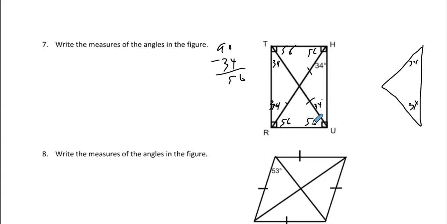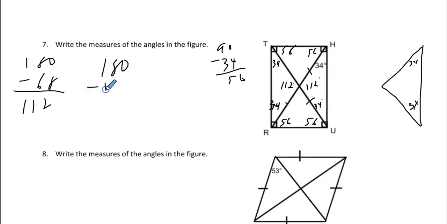Now, there's a few different ways to find the ones in the middle. Every triangle adds up to 180. So if I take 34 doubled, that's 68. And if I do 180 minus 68, I get 112. So that means this right here is 112. And so is this. Now I have two options. To find the last missing angle in the middle, I could do 180 minus 112 because those lines are supplementary.